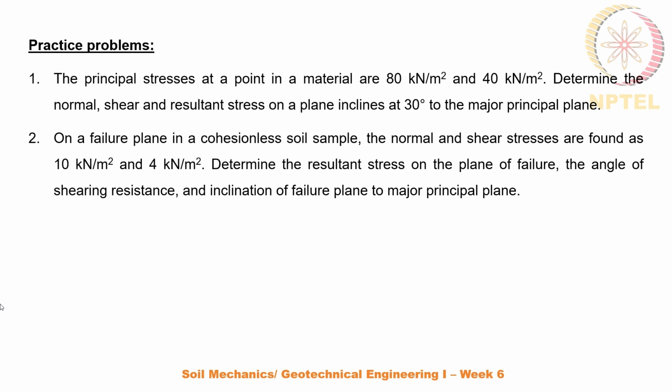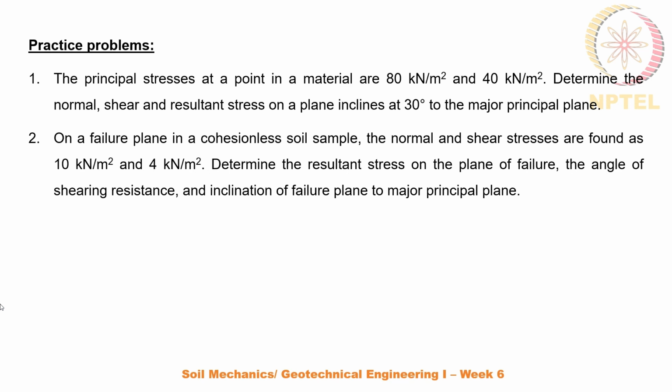Determine the normal, shear, and resultant stress on a plane inclined at 30 degree to the major principal plane. So we are asked to determine the normal stress, shear stress, and resultant stress on a plane that is inclined at 30 degree to the major principal plane.